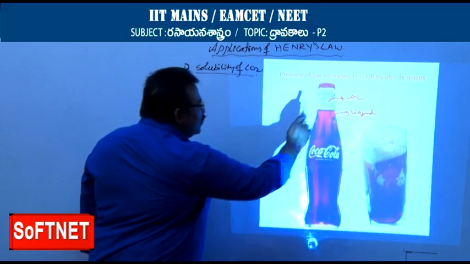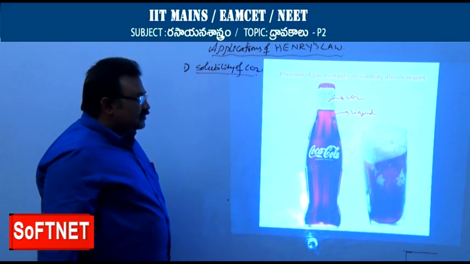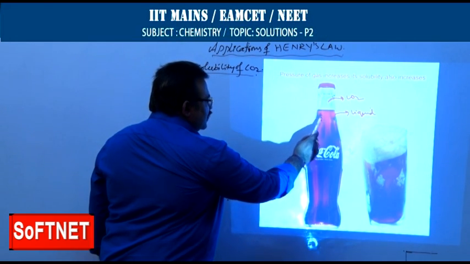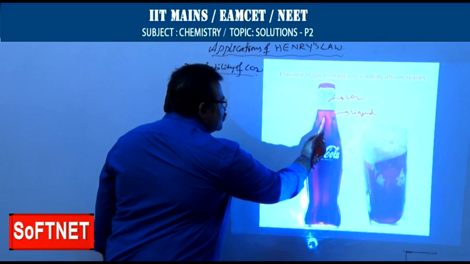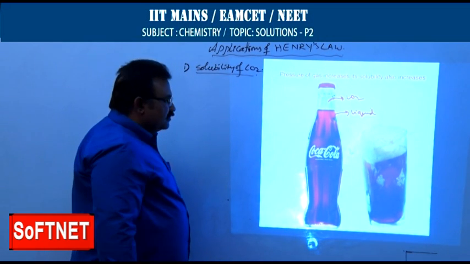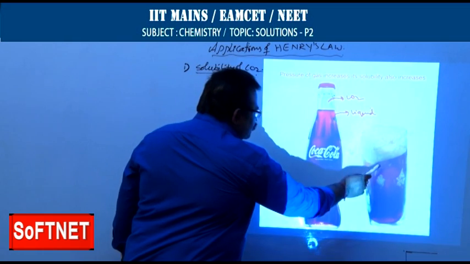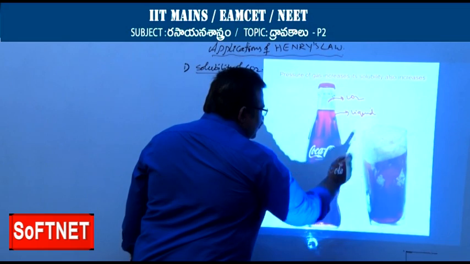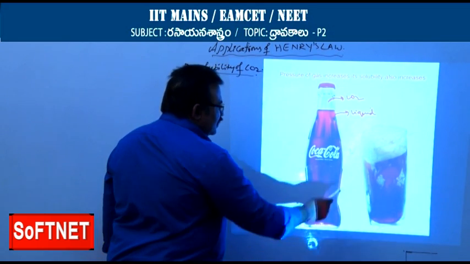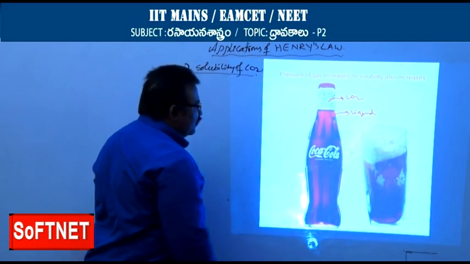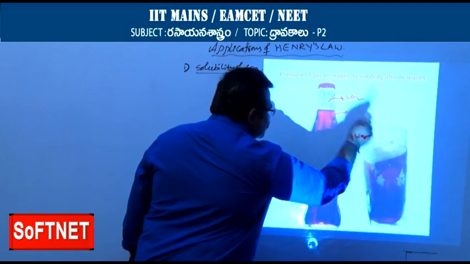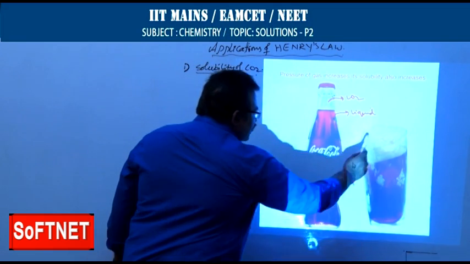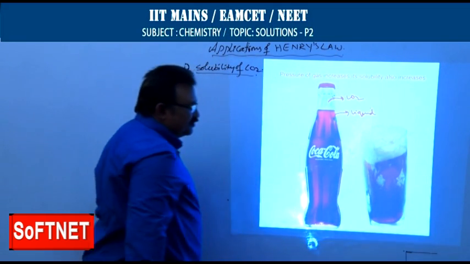The moment you open the lid, carbon dioxide goes from higher pressure to lower pressure. So, when you pour it into a glass, the pressure of carbon dioxide is very low, and carbon dioxide comes out in the form of bubbles.